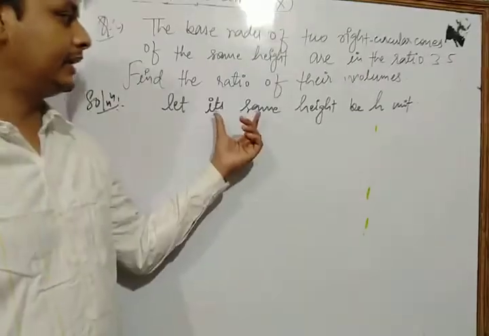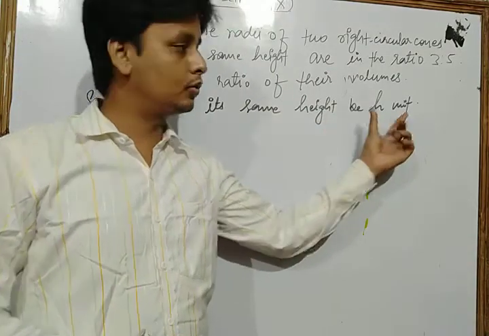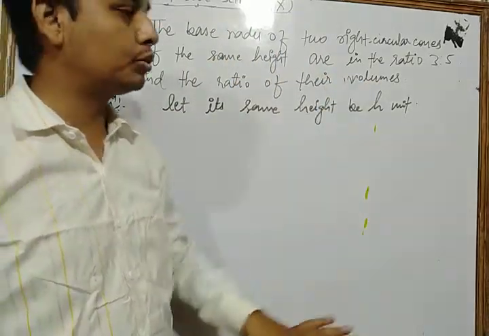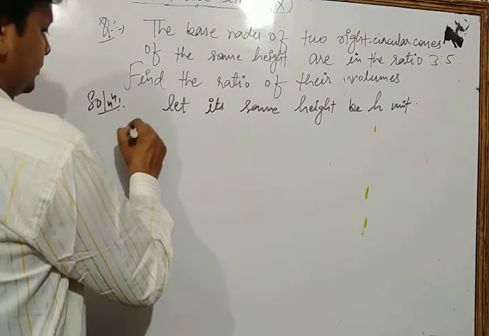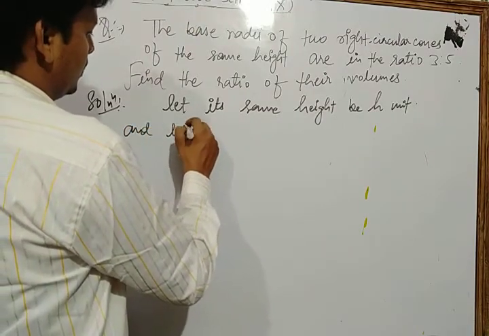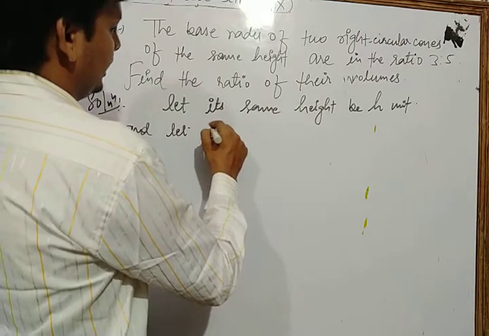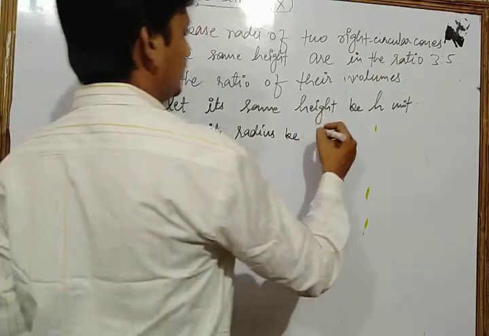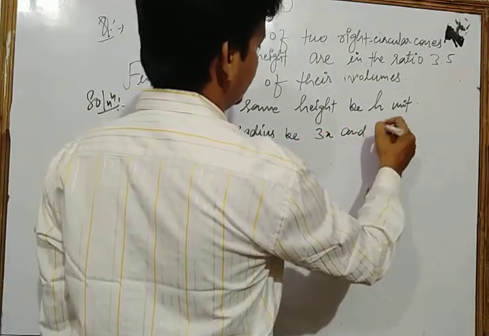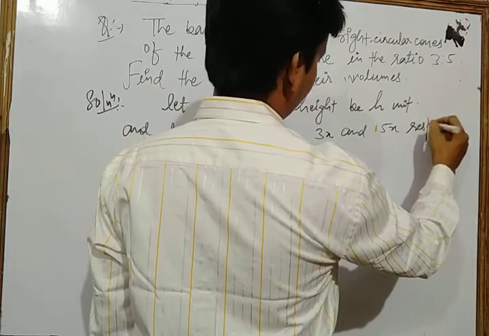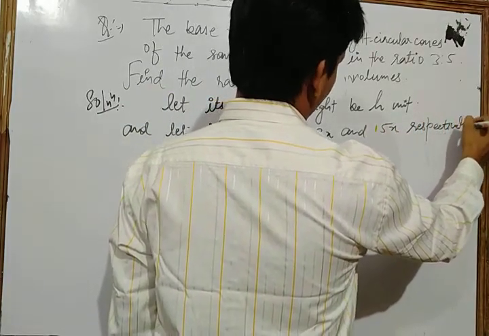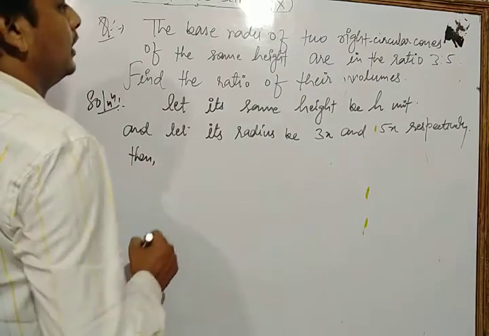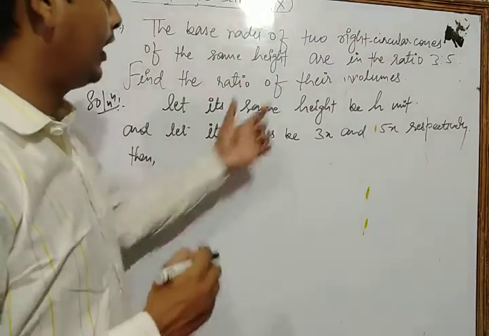Now, the base radii of the two right circular cones of the same height are in the ratio 3:5, and let the radii be 3x and 5x respectively. Then we find the ratio of their volumes.